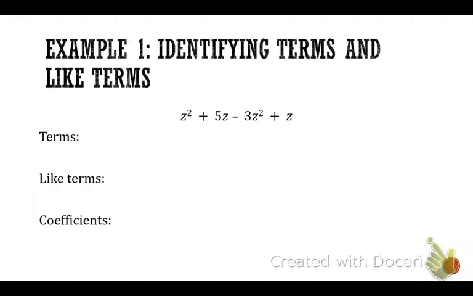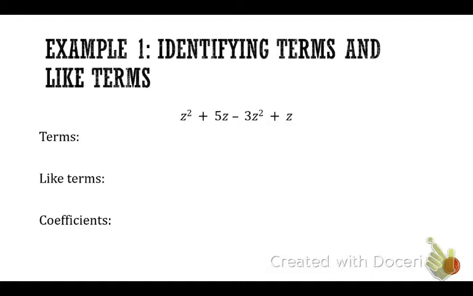Okay, now what do you notice that's different about the next one? What do you notice here? Just tell me. There's some exponents. Okay, so we need to clarify something here. The exponents matter when it comes to like terms. Do they all have a z? Yes, they all have a z, but the exponents also have to be the same for them to be like terms, okay?